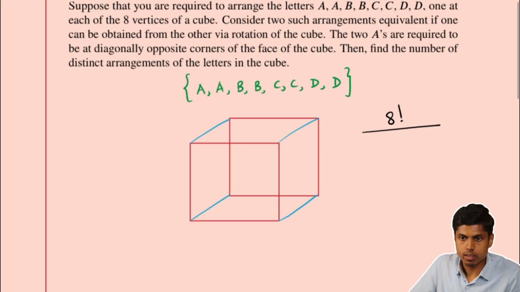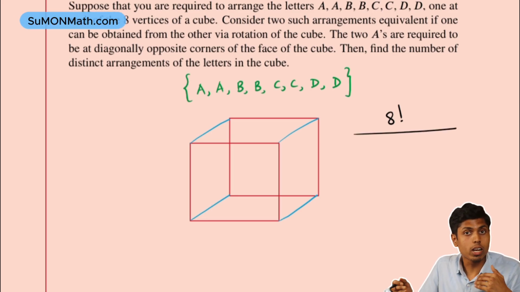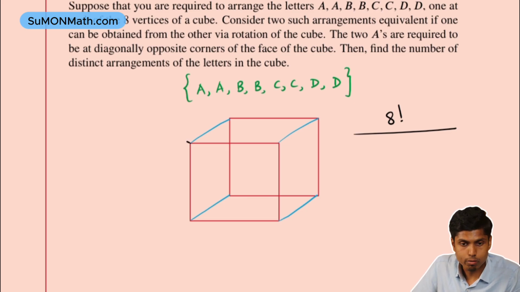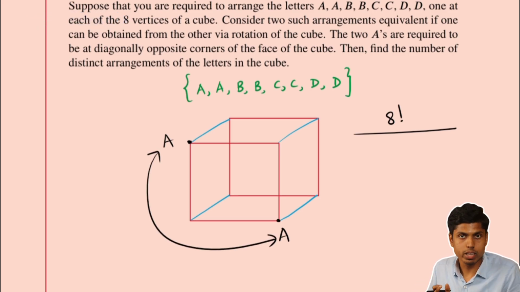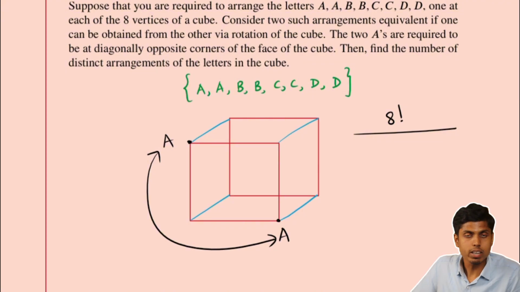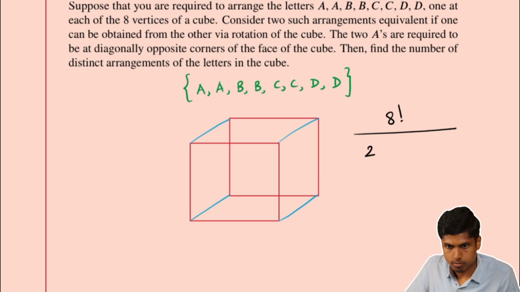But you have two identical letters. You cannot allow the permutation between these two letters. For example, A being filled up here and here cannot be permuted between themselves, because that will yield the same permutation, and therefore we divide it by 2 factorial.